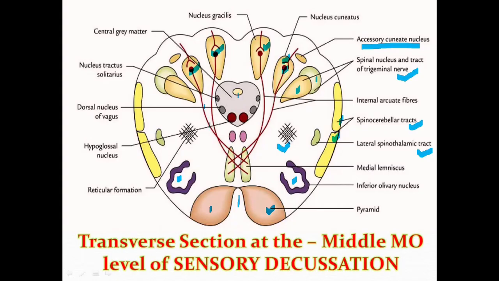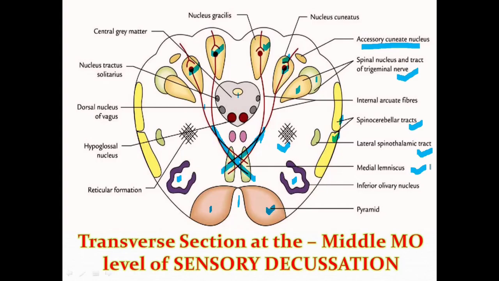The sensory fibers are now descending downwards, and now they cross on towards the opposite side, same as pyramidal decussation. So now here I'm going to call them as sensory decussation. The posterior column tracts from the nucleus gracilis and cuneatus will cross over at the level of medial lemniscus in the middle.